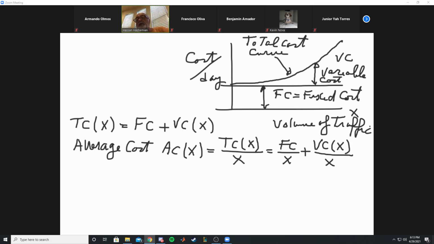Now, let me give you an example. The average cost is per vehicle. How much would be the cost per vehicle on the freeway?